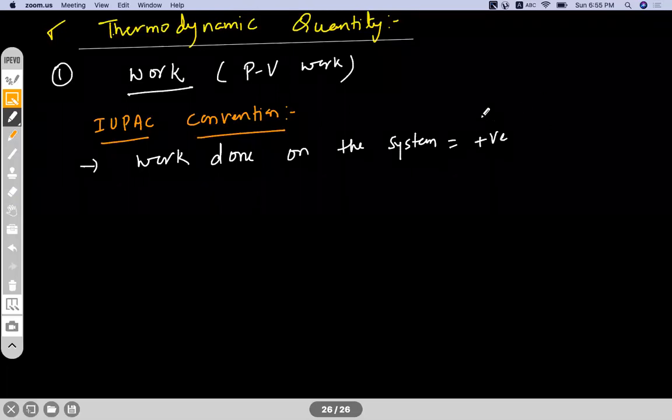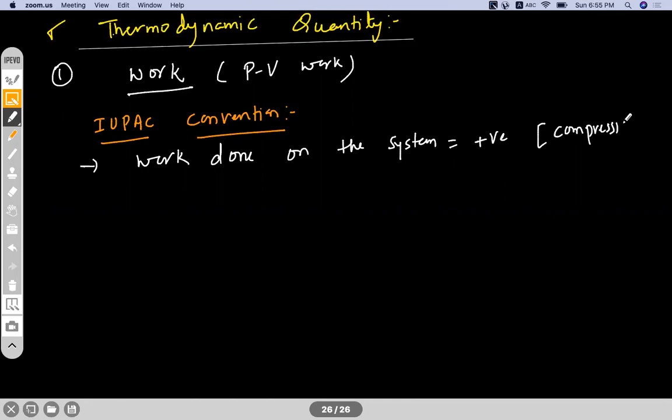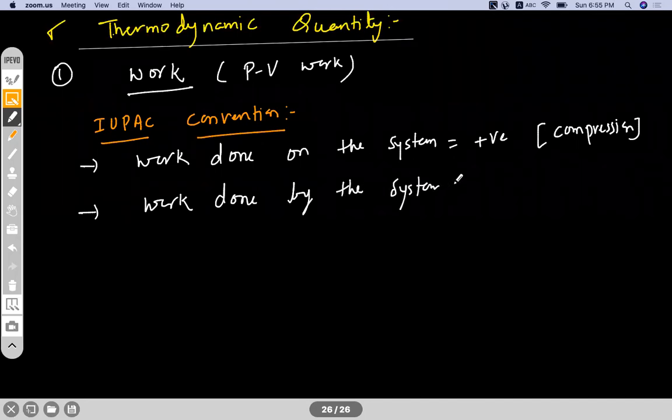Whenever work is done on the system, it is a case of compression. Right? Work done by the system, the system is doing work, right? By the system is negative. Remember, it is opposite to physics. Okay, it is a case of expansion.